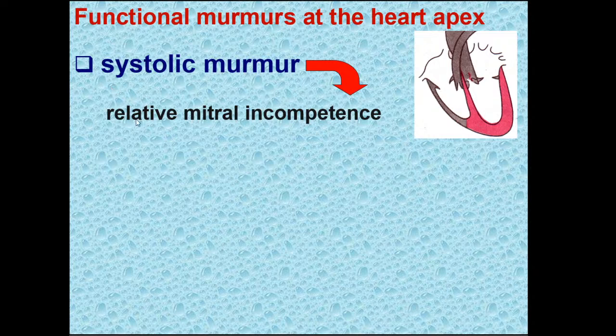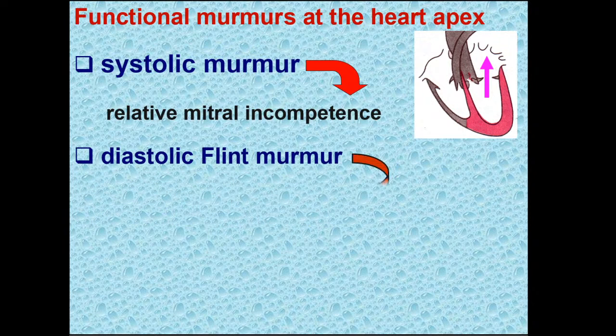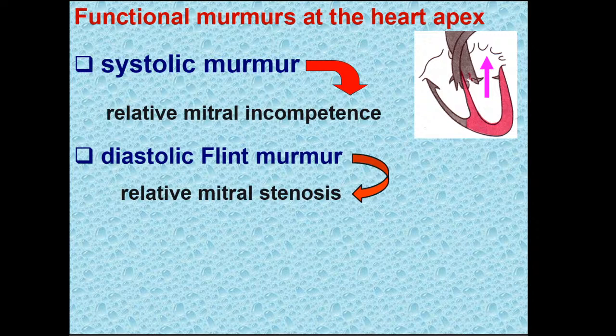We are talking about relative incompetence because there is no anatomic defect, and it is manifested with a systolic murmur over the heart apex. Diastolic Flint murmur, again over the heart apex, is due to relative mitral stenosis.